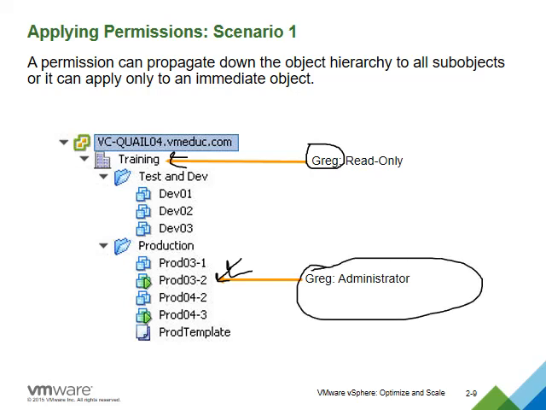So basically, Greg has read-only rights to this one, this one, this one, prod 04-2, prod 04-3. But since Greg is the administrator on prod 03-2, he has administrative rights there.